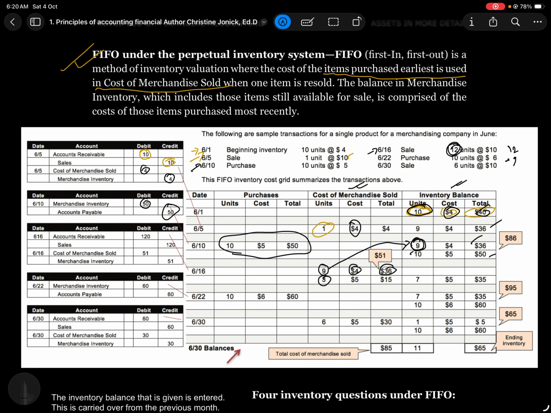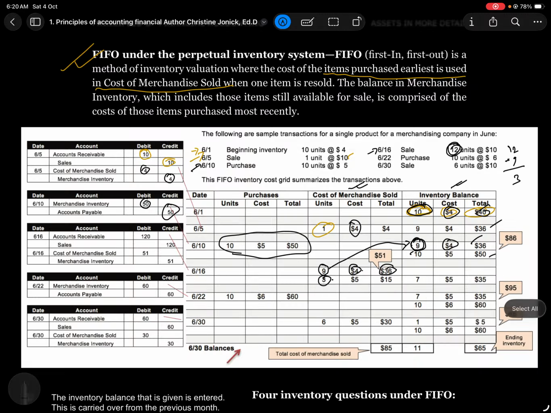Then what happens? We sold 12. 12 minus 9 would be 3. 3 would be additional that we need to sell, right? So 9 at the rate 4. The cost would be copied down from here itself, and the total is just multiplication.